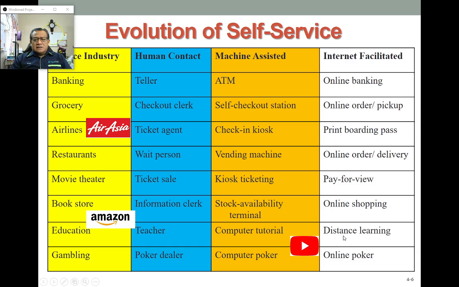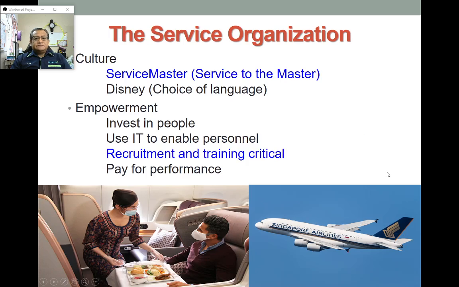And nowadays, you are all engaging in distance learning, in which, in my current situation, I record my lecture in MP4 format, and later I upload it to my channel, DrRosmaini, on YouTube, and you learn from my video by watching it from the far distance of your hometown. So these are part of the transformation of self-service from human-based to machine-based and later served via the internet platform.